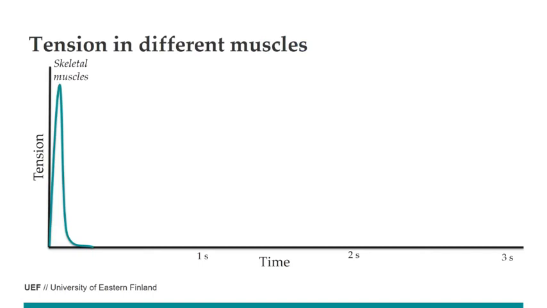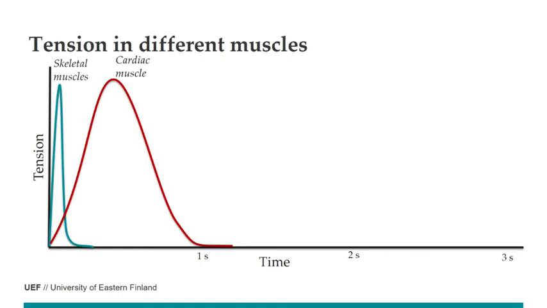And then, what about the tension in different muscles? So far we have discussed that we have skeletal muscles, and they contract quite fast, they relax also quite fast. Then we have cardiac muscles. They are much slower. So the contraction happens quite slow, but also the relaxation happens quite slow.